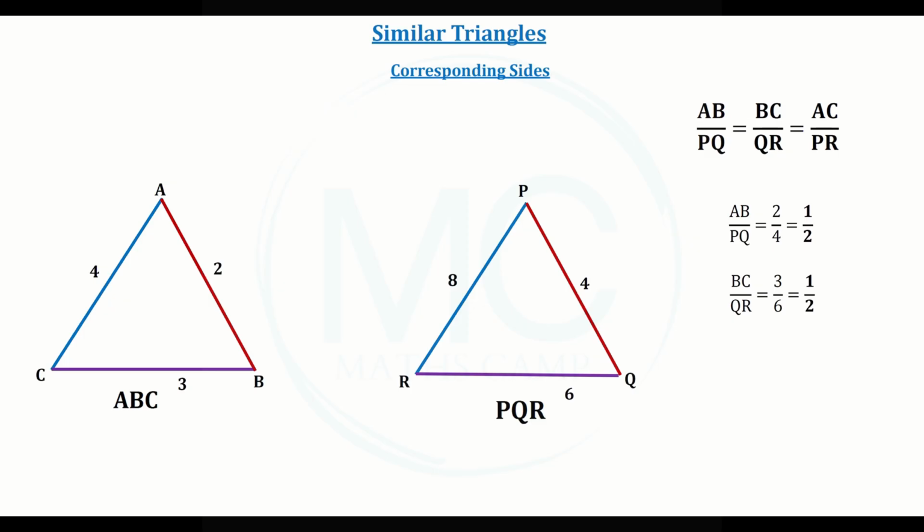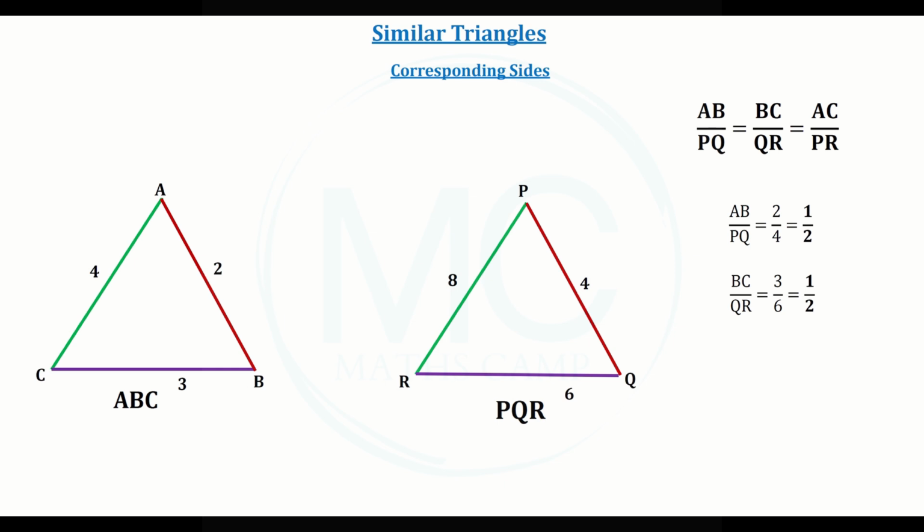But when working with sides, we have to show that all three pairs of corresponding sides are in proportion. So let's look at side AC and the corresponding side PR.